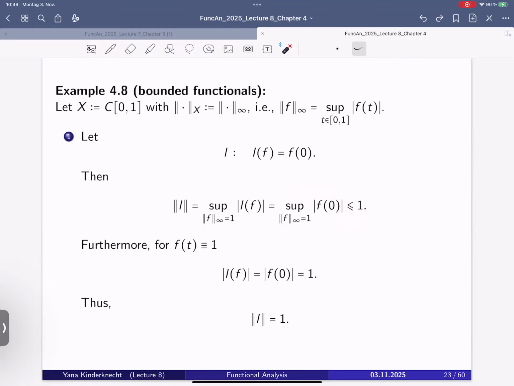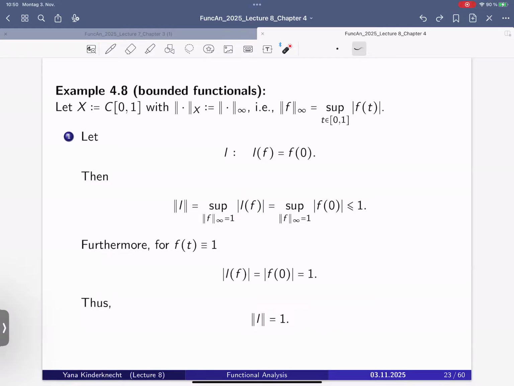Furthermore, if we consider a function which is identically 1, this is of course an element of this space, and it satisfies this assumption, then L of f is equal to 1, and hence this supremum is attained. That is, this upper bound is attained. That is, the norm of L is just 1.